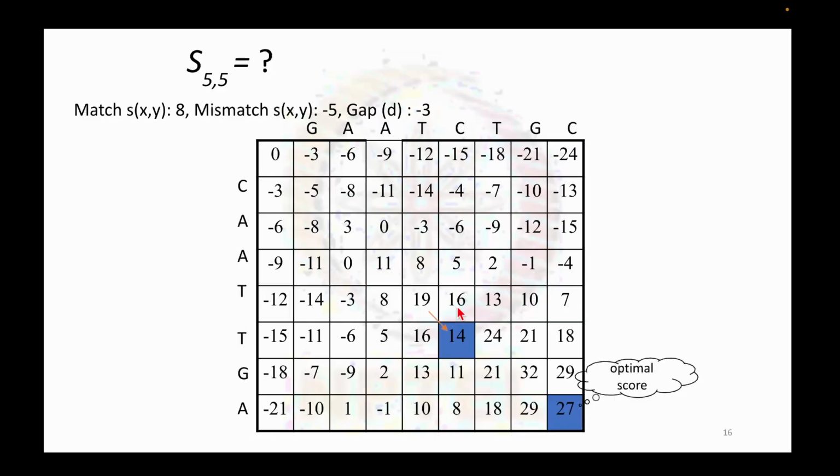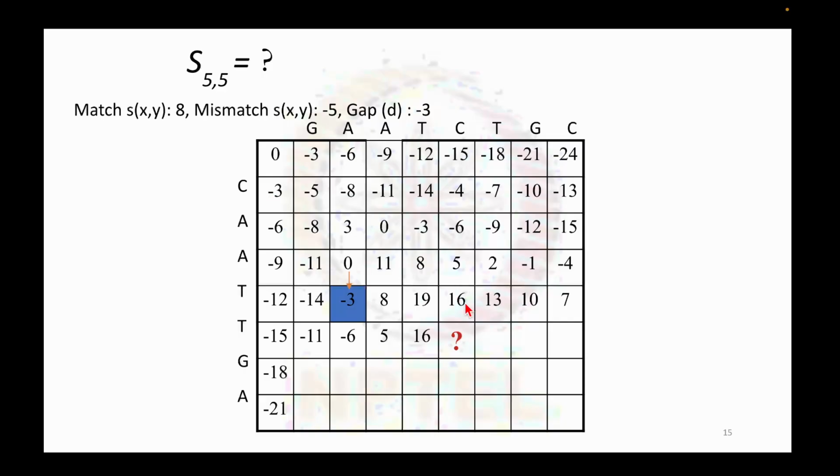Now calculate the score for cell S5,5. First make a note of its surrounding values. Again here the condition is mismatch.